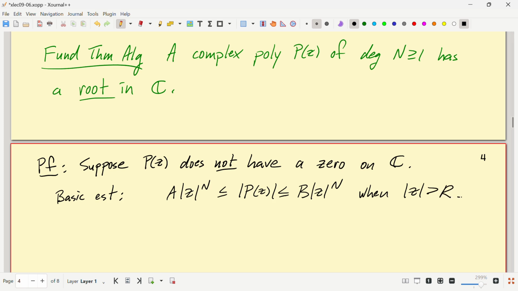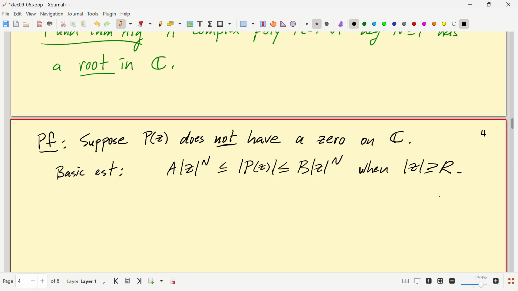Let's make it bigger. Who cares? It doesn't make any difference. I guess I said greater than, didn't I? And the aha is, if that had no roots, then 1 over P of z would be entire.